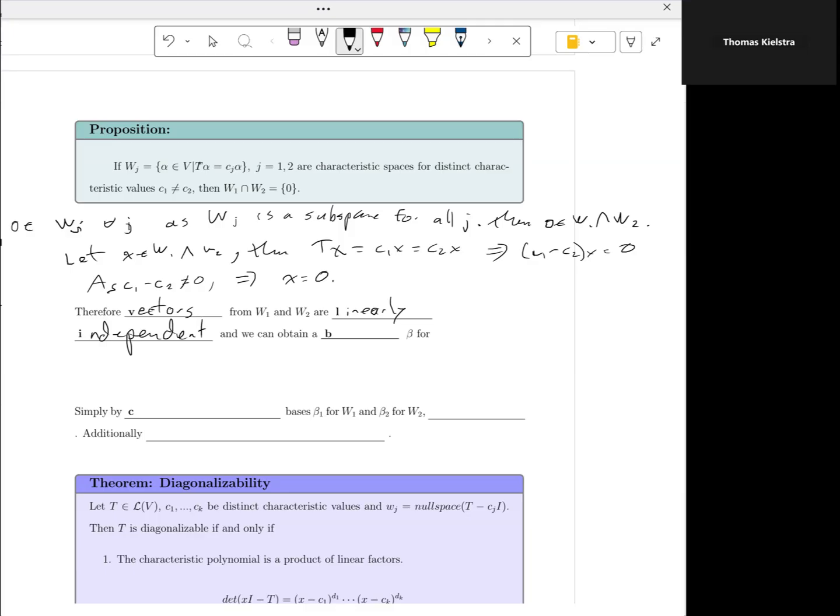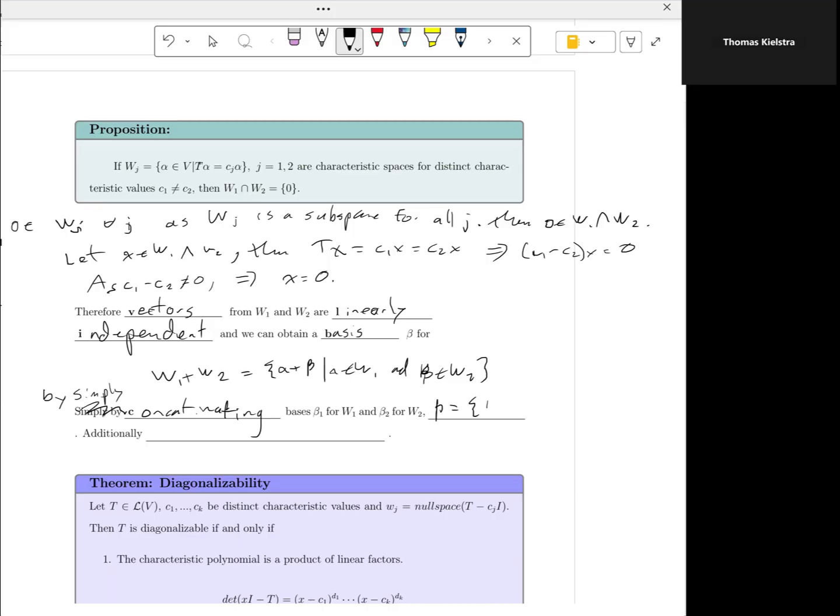And it means that we can obtain a basis, beta, for W1 plus W2, which if we recall is the set alpha plus beta, where alpha is in W1 and beta is in W2, by simply concatenating bases beta 1 for W1 and beta 2 for W2.